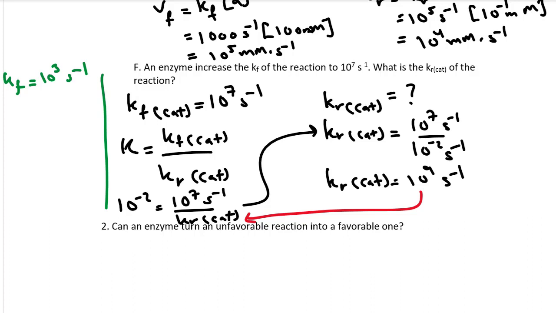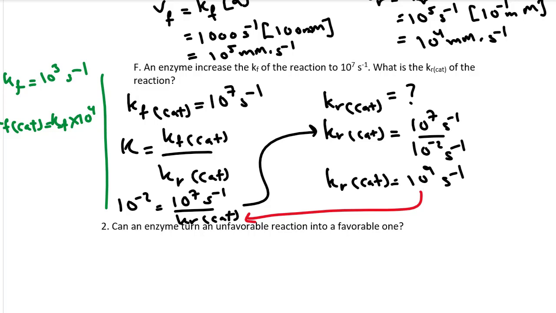So obviously kf cat is nothing but kf times 10 to the 4 because it's been increased to 10 to the 7.